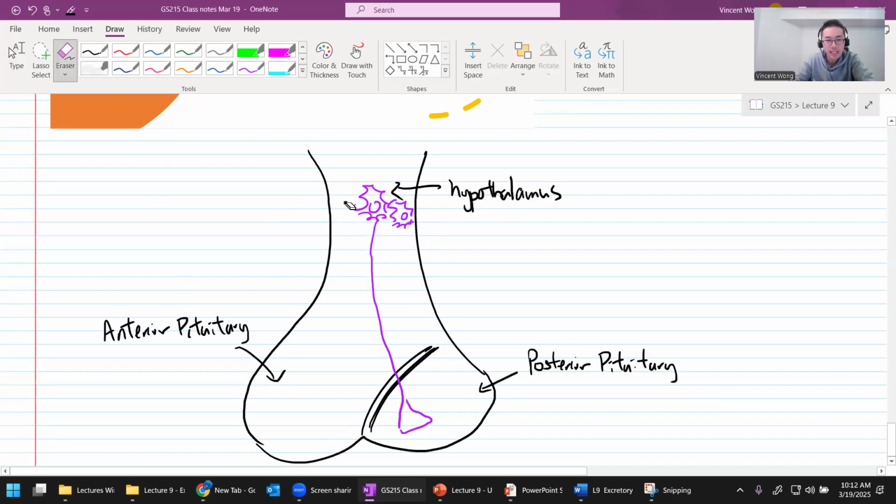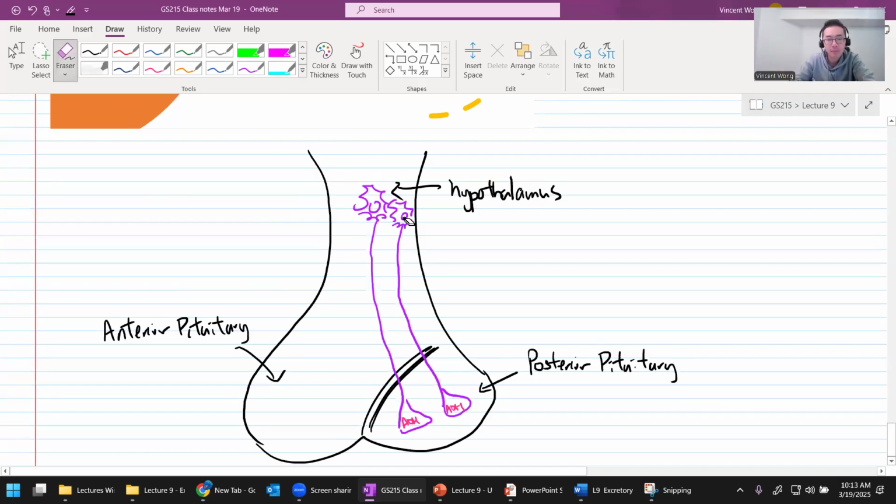So these neurons have their bodies in the hypothalamus, and they extend the axon all the way down to the posterior pituitary gland. So it's going to make these ADH, and the ADH will be stored at the axon terminal, just like those neurotransmitters, right?